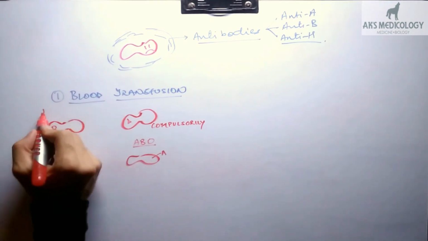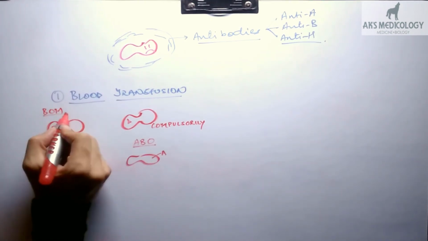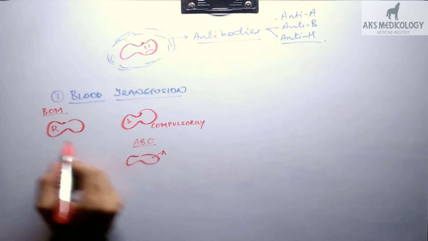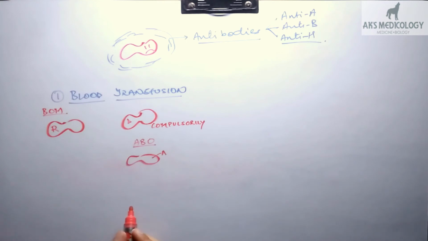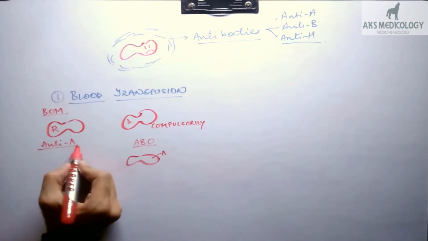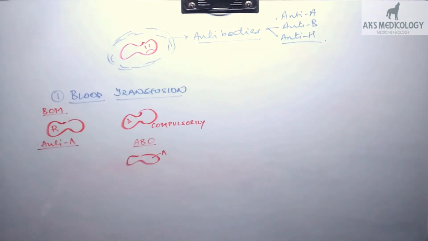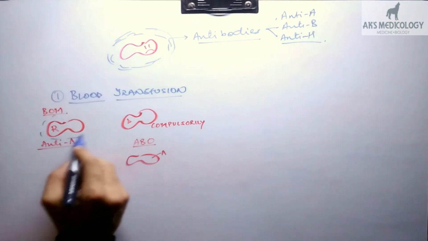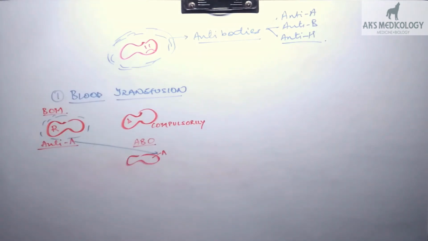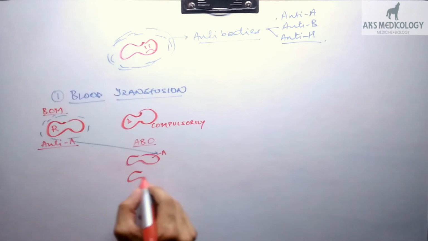If this blood is transfused to an individual having Bombay blood group, the anti-A antibodies present in the serum, which we have discussed, would react against these A antigens to form an agglutination reaction, which would be fatal if a large amount of A blood group is infused.